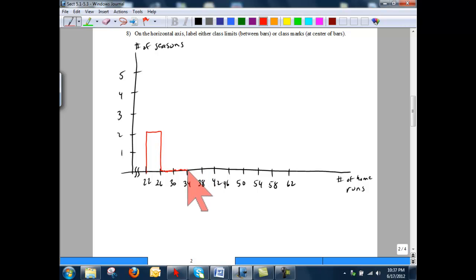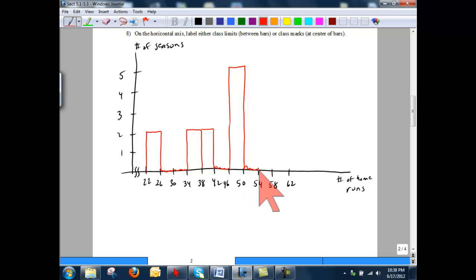Between 34 and 38, there were again 2 seasons, and so on. 2 between 38 and 42, 2 between 42 and 46, and then between 46 and 50 there's a jump to 5 seasons, back down to 0, and then 2 and 2. And there is the histogram. Of course, you can also generate such graphs using computer software.